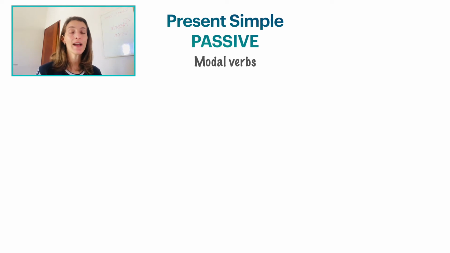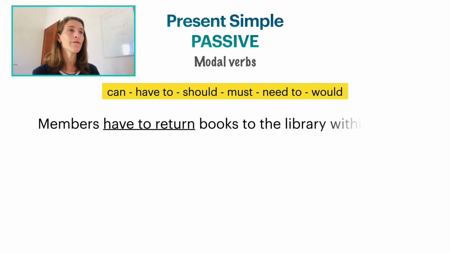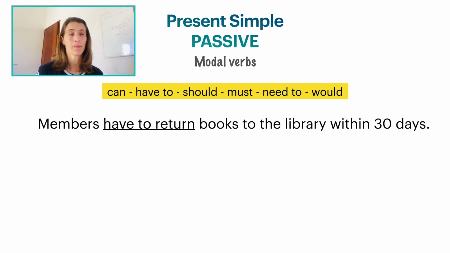Well, now we have modal verbs. Modal verbs, ¿sí? Son palabritas como can, have to, should, must, need to, would, ¿ok? Cada una tiene su significado, las usamos para obligación, para necesidad, para dar un consejo, etc. Okay, so now let's have a look at one example.